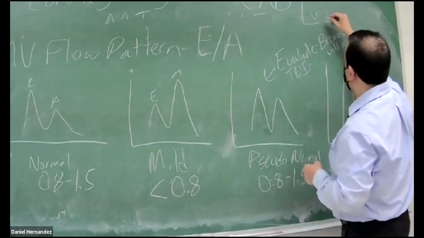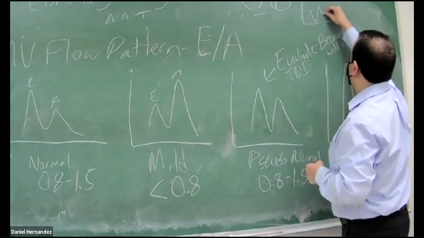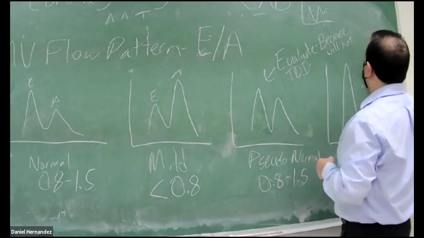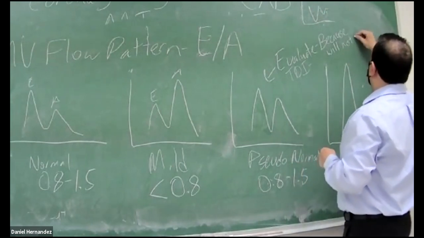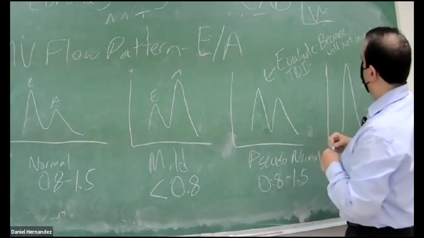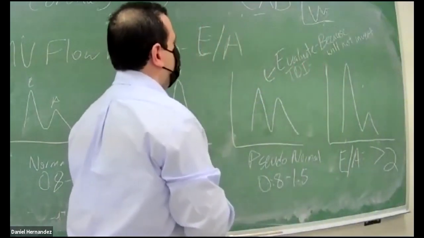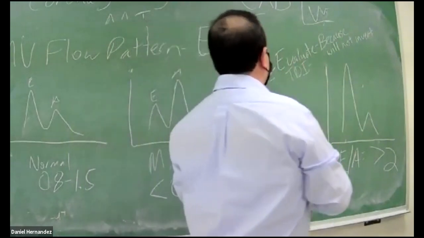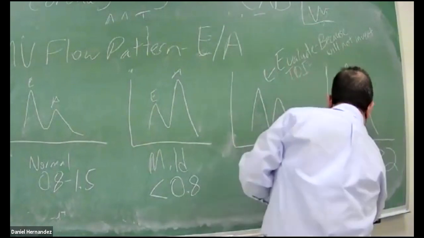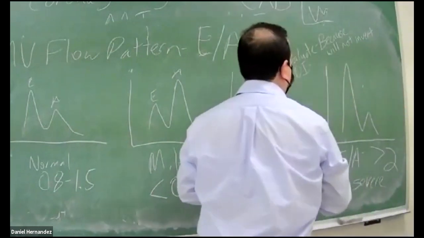But with pseudo-normal, we'll see a bigger E and a smaller A, because it won't invert. And then with severe, we have an E to A ratio greater than 2. So we have a big E, little A.